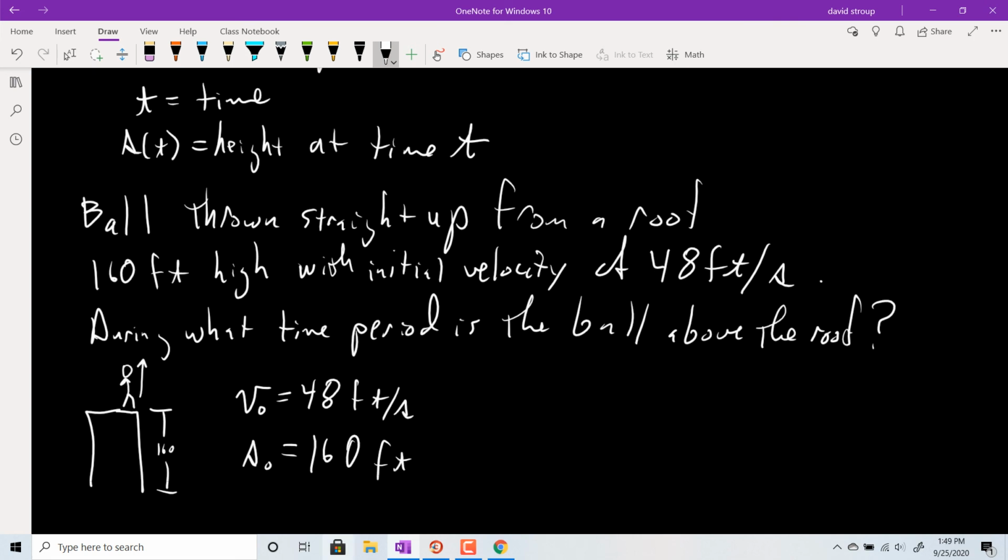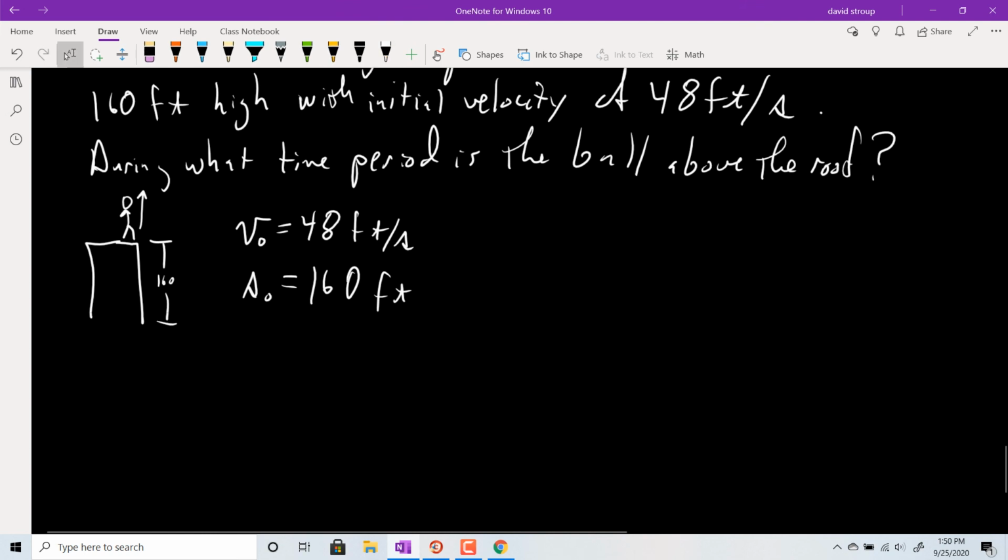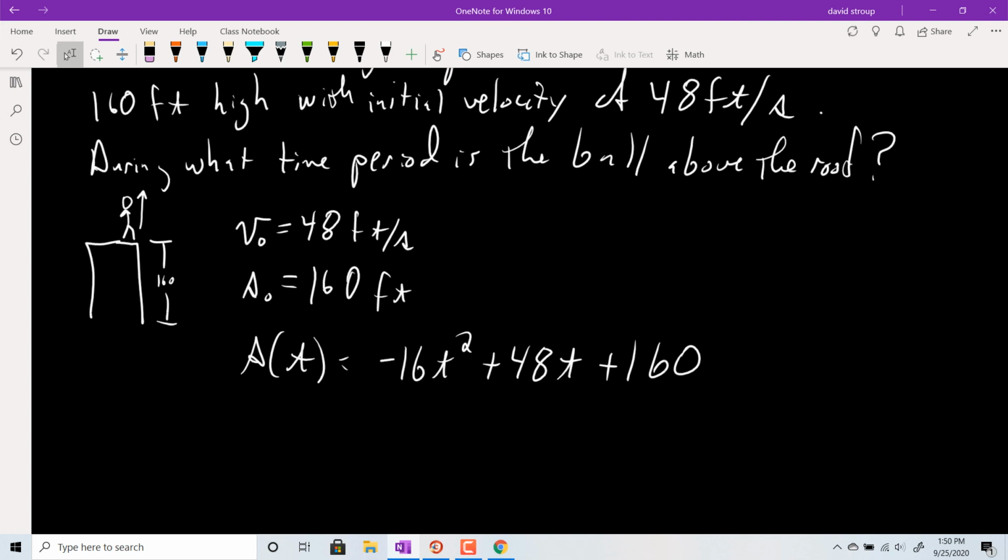Okay, so now I can write out my formula based on this. S of t is going to be negative 16t squared plus 48t plus 160. The question is asking what time period is the ball above the roof? In other words, when is S of t greater than 160?